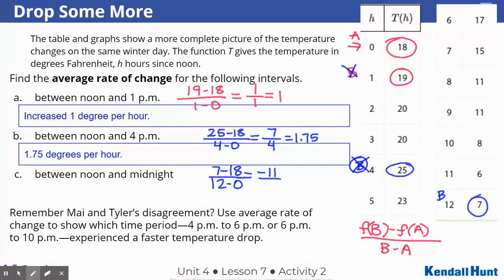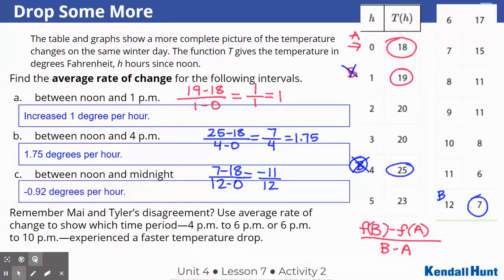And 12 minus 0 is 12. And so it decreased 11 degrees in 12 hours. And we now know that it decreased instead of increased because our answer is negative. And that's 0.92. So it's decreasing 0.92 of a degree per hour.